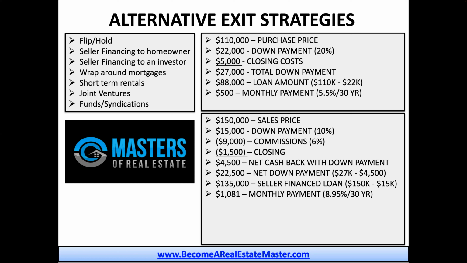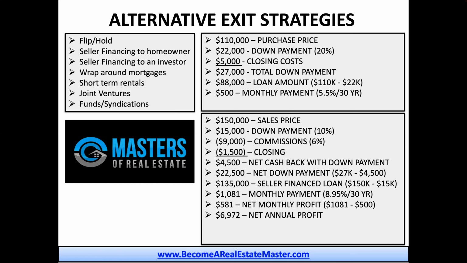And you could potentially sell it for an 8.95% interest rate, even though you have a 5.5% interest rate. And so the monthly payment is $1,080 a month that you're collecting, and you're only paying $500 a month.